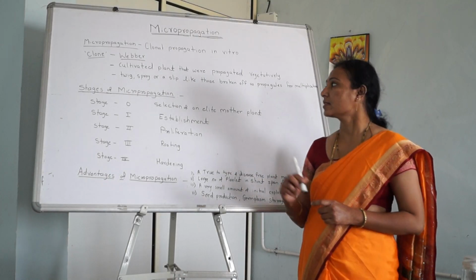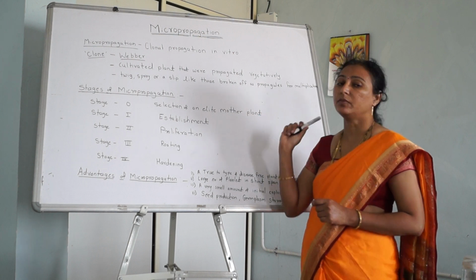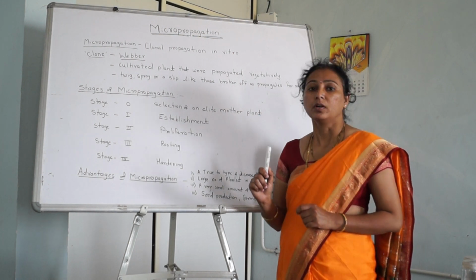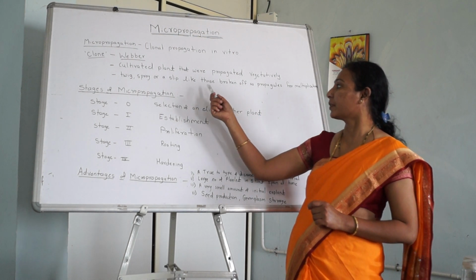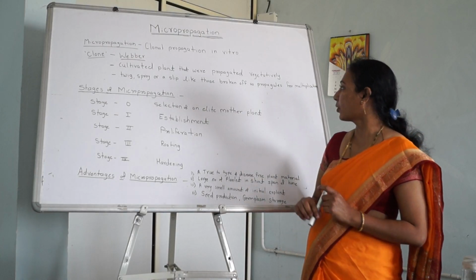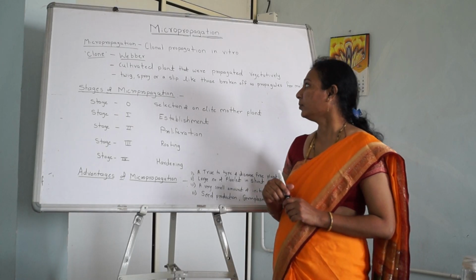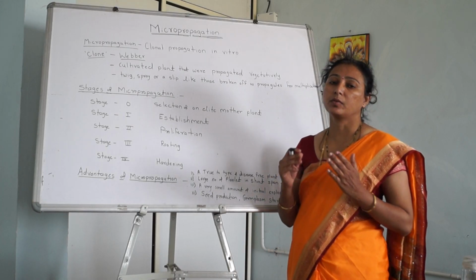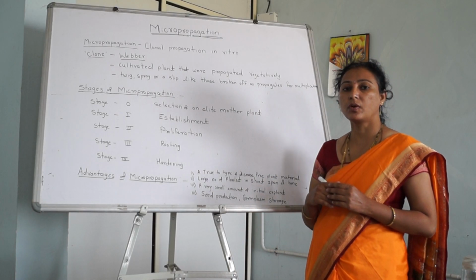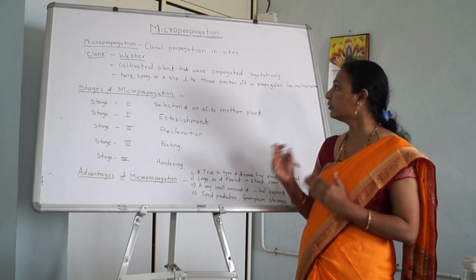Micropropagation basically is clonal propagation in vitro. What is a clone? A clone is a twig, spray or a slip, like those broken off as propagules for multiplication. So micropropagation is also called clonal propagation in vitro.